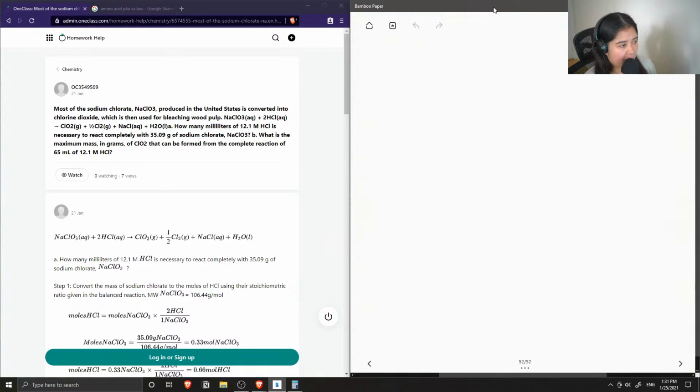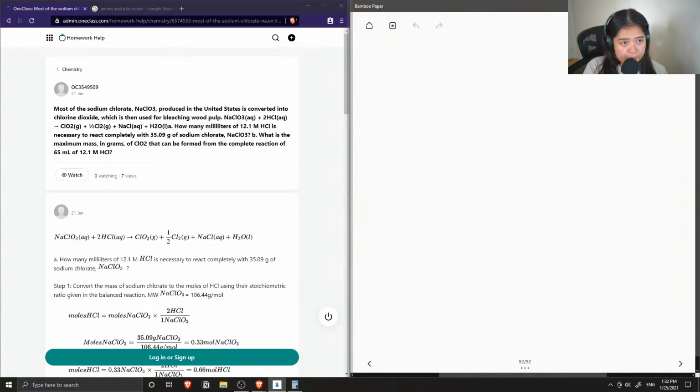Part A: How many milliliters of 12.1 mole per liter hydrochloric acid is necessary to react completely with 35.09 grams of sodium chlorate? Part B: What is the maximum mass in grams of chlorine dioxide that can be formed from the complete reaction of 65 milliliters of 12.1 mole per liter hydrochloric acid?